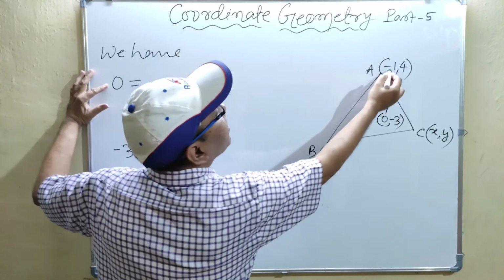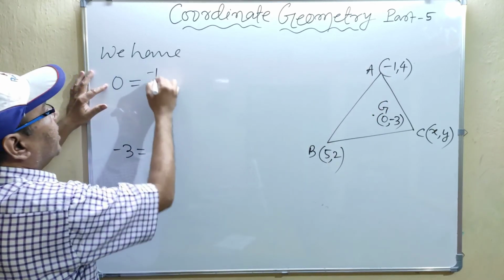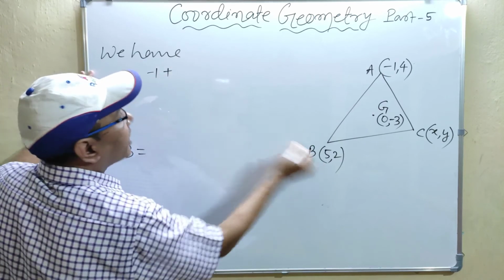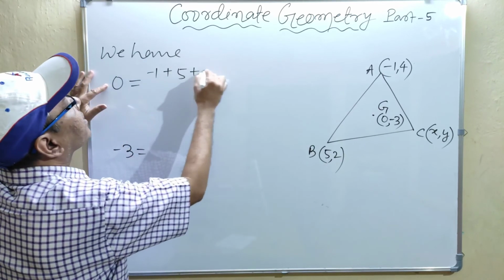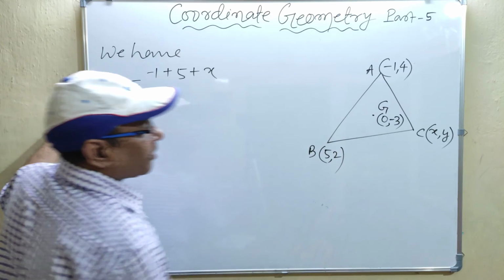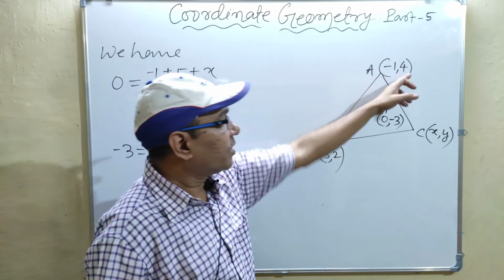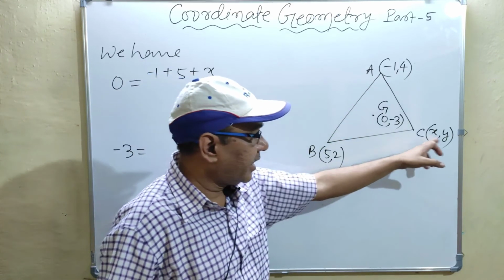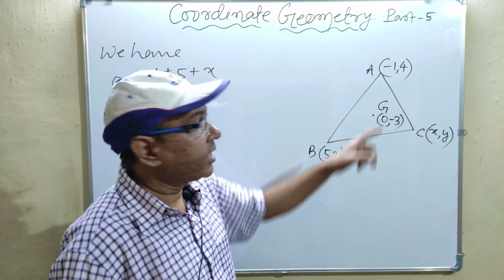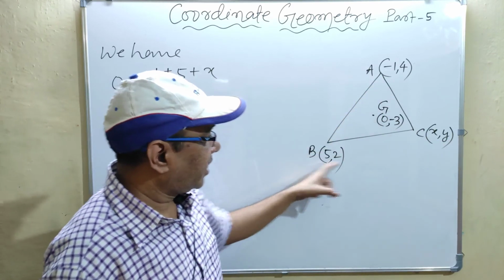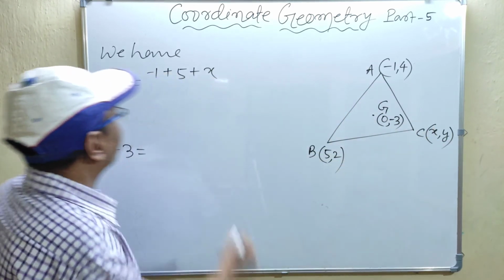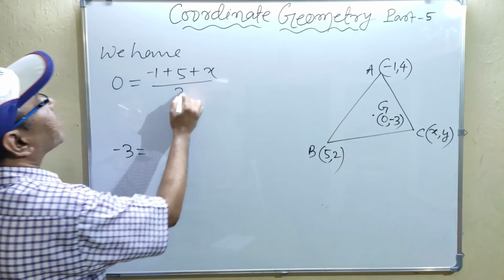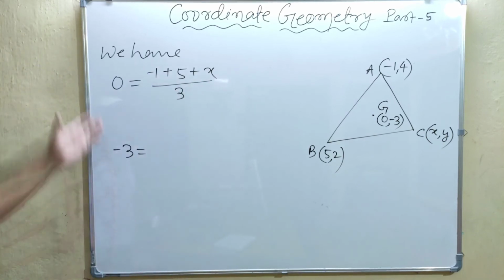So x1 means this x coordinate minus 1, plus 5, plus x, taking the third point as XY. एक पॉइंट है -1 4, दूसरा है 5 2, तीसरा है XY, तो तीनों का x कोऑर्डिनेट का सम -1 + 5 + x by 3.